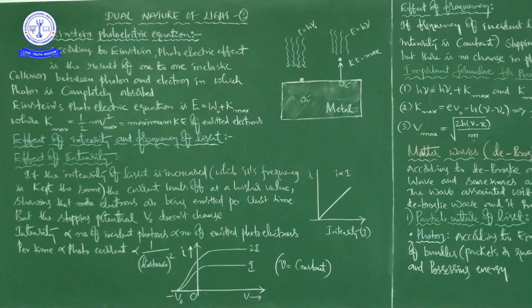Photoelectric effect. When a metallic surface is exposed to an electromagnetic wave, that is light, an invisible form of energy, when a metallic surface is exposed to ultraviolet radiation, the emission of electrons takes place from the metallic surface.